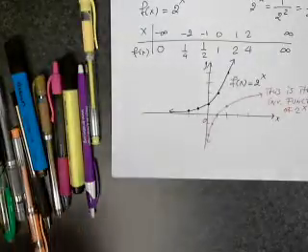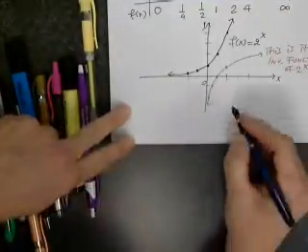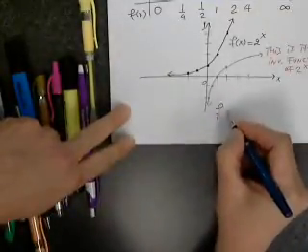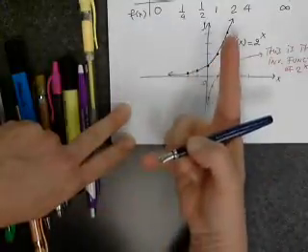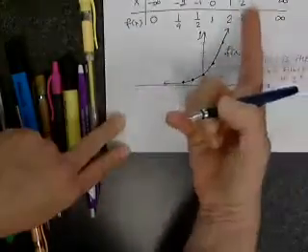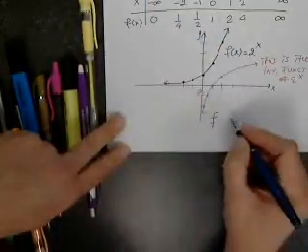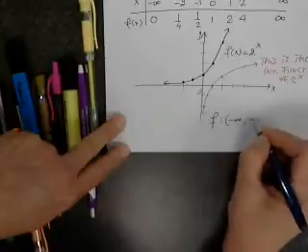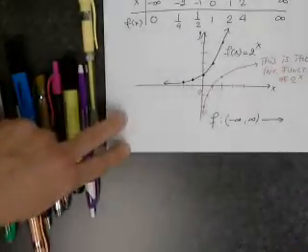Now, we like to write the domain and range mathematically in this way, as you know. f, not the inverse, just f, is defined on what is the domain of 2 to the x. Excellent. Now I need you to identify the range.